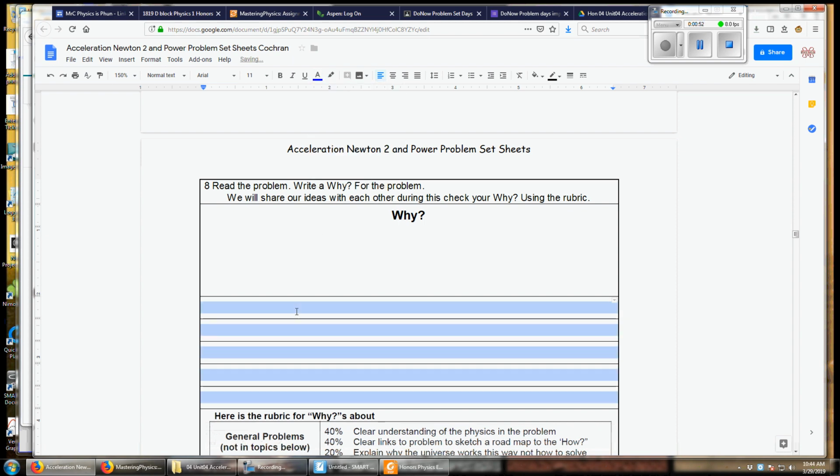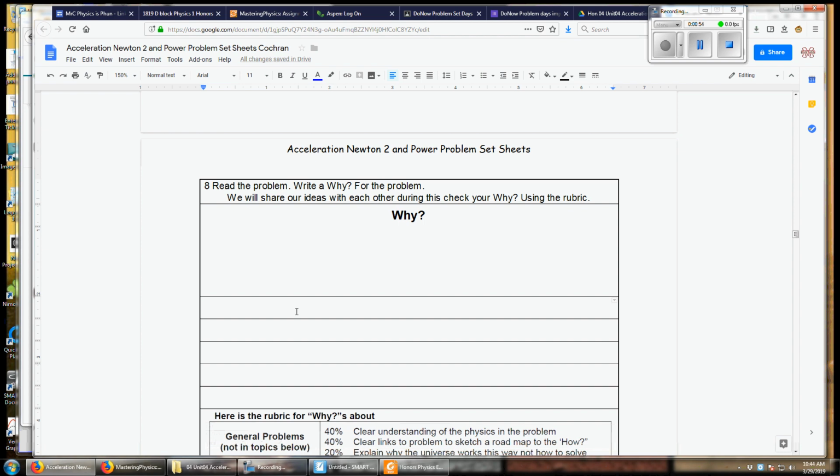Since I have a position time graph, I want to show I understand that. I know the slope of a position time graph is the velocity of the object.